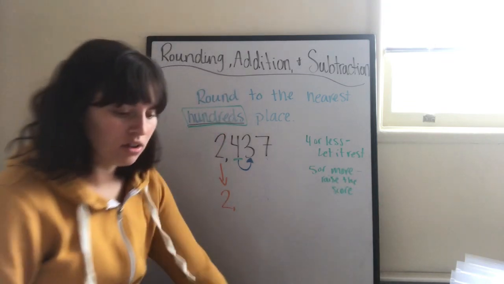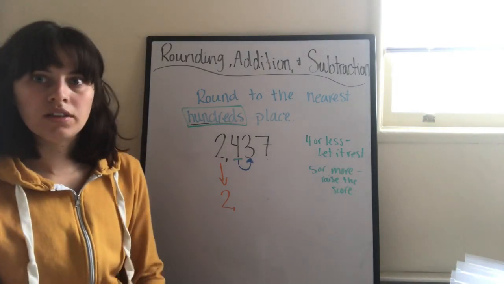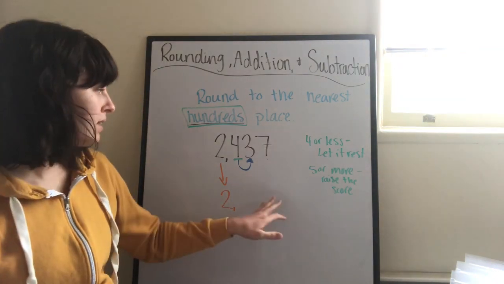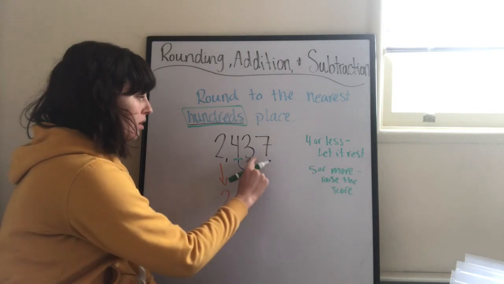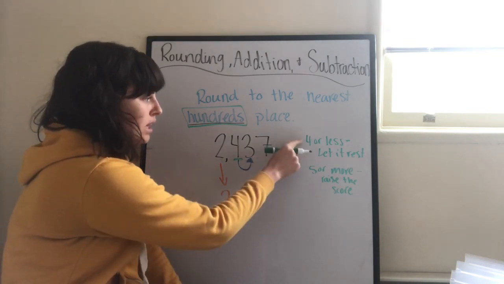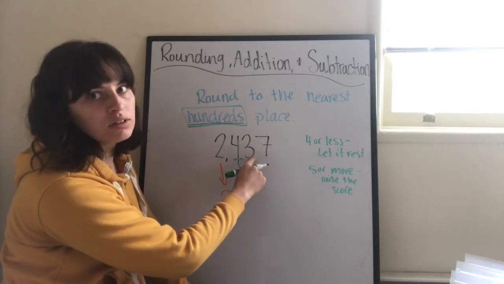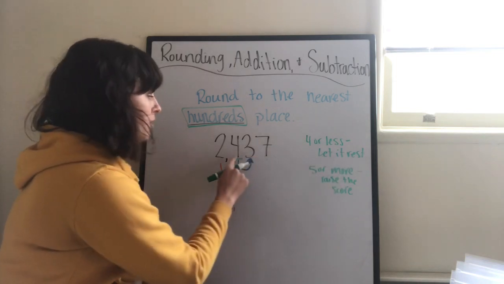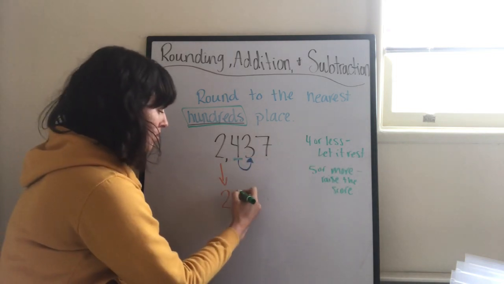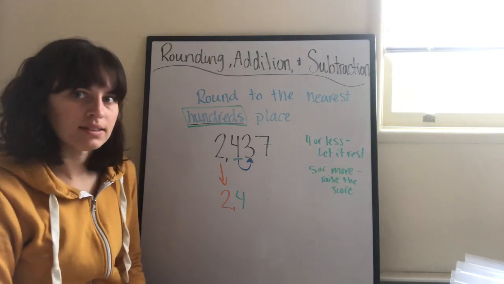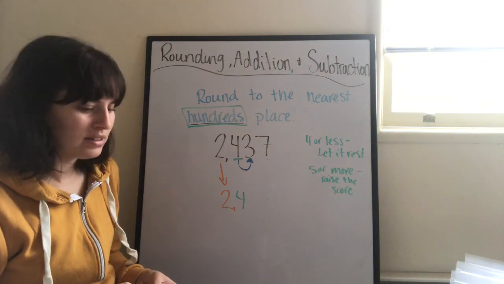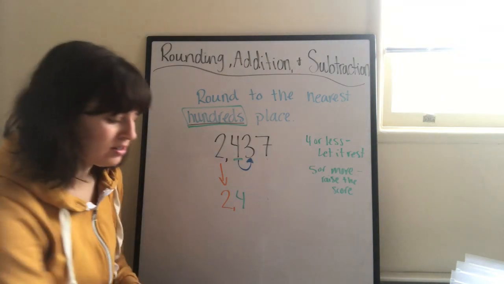And again, I have all this on the notebook page and I will take a picture of it. So we're looking at our 3. Is that 4 or less or 5 or more? Well, 3 is less than 4, so we let it rest. That means we keep our 4 as a 4. That's it. And then the last step is everything in back, we turn to zeros.